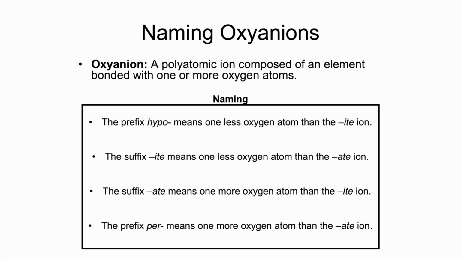The ite suffix means 1 less oxygen atom than the ate, just like we saw with nitrite and nitrate. Likewise, the ate suffix means it has 1 more oxygen atom than the ite ion. Again, for halogens that can form 4 oxyanions, adding the prefix per means you have 1 more oxygen atom than the ate ion. So perchlorate would have 1 more oxygen atom than chlorate.